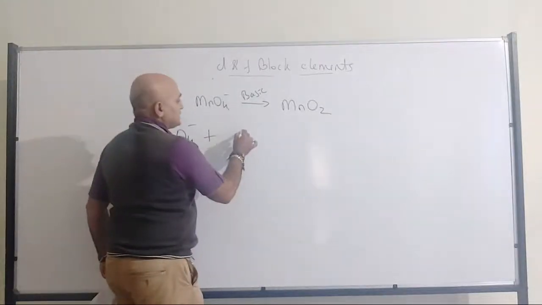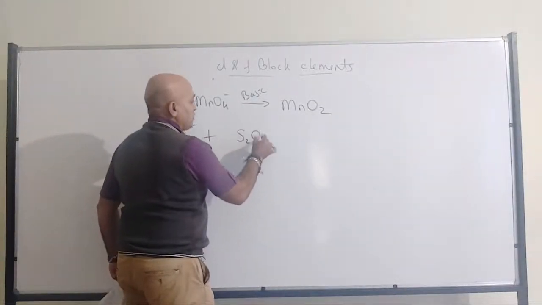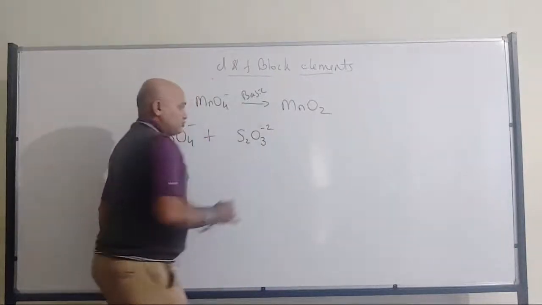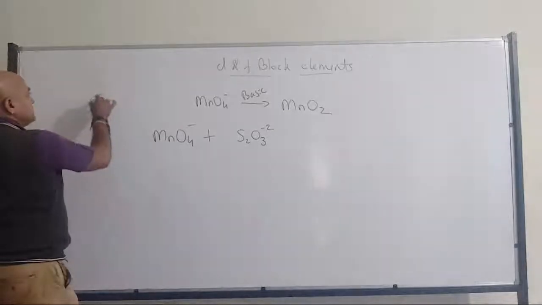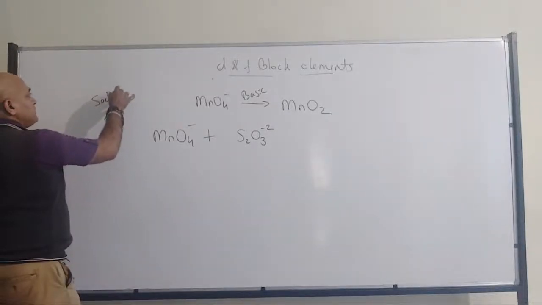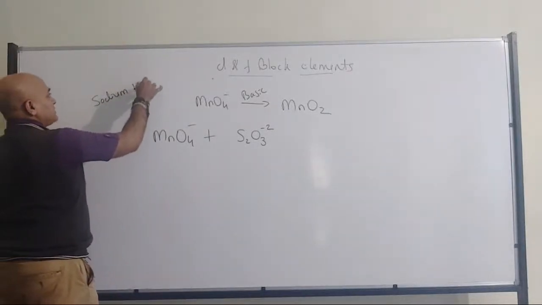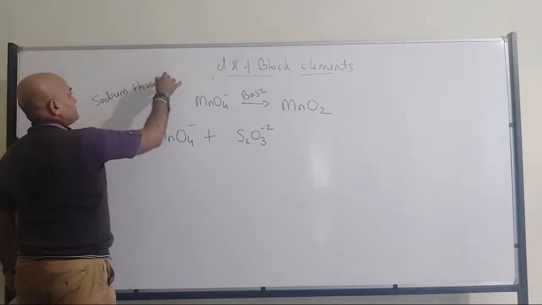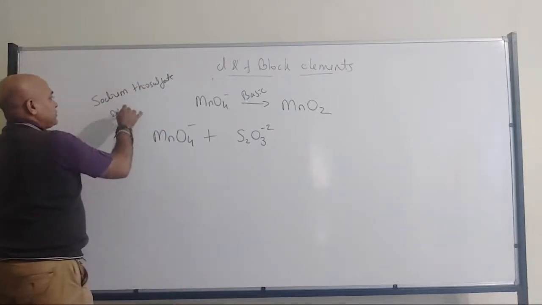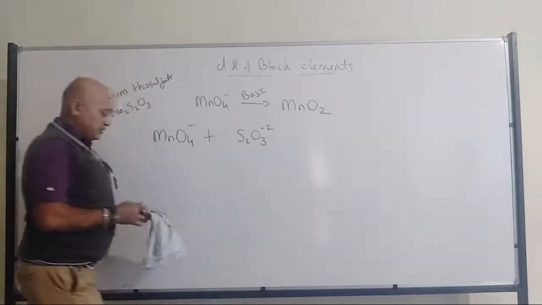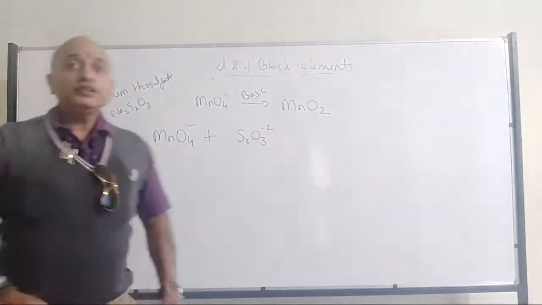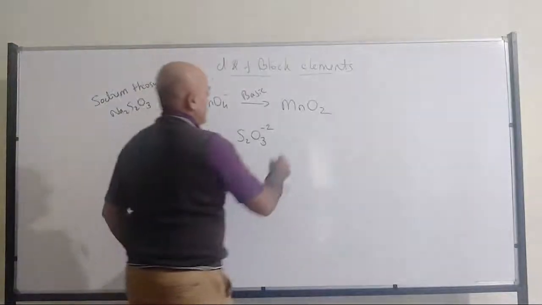So what is meant by thiosulfate? S2O3 minus 2. Normally in the laboratory it will be supplied as sodium thiosulfate, that is Na2S2O3, because it is minus 2. So to neutralize that, 2 sodium ions are required.